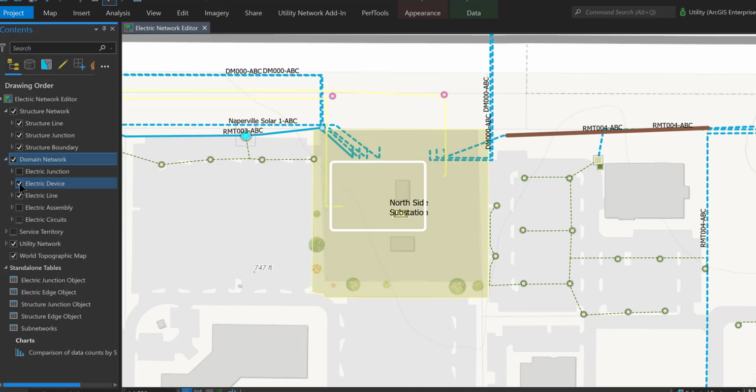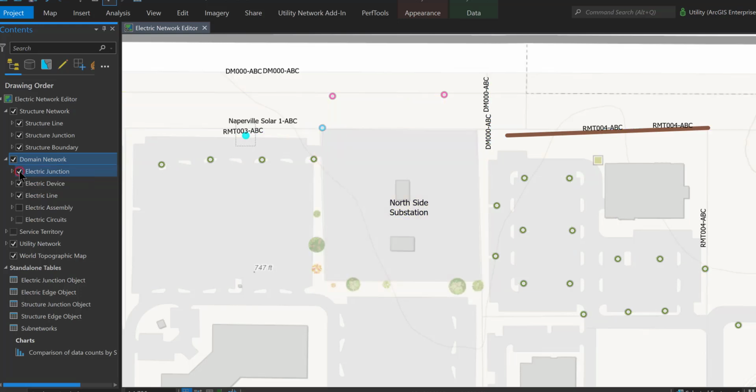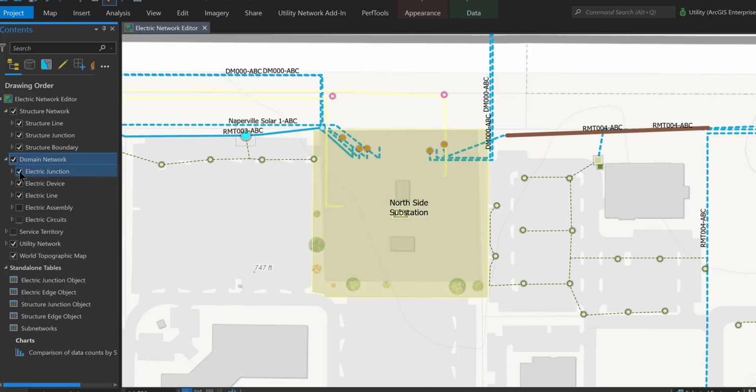And we also have junctions that are placed where the features are connected. And then we have electric assemblies to represent a collection of lines, junctions, and devices, like a switch bank or a transformer bank. And finally, we have the subnetwork lines, or in this case, electric circuits that define the extent of the electricity flow. We're going to talk about those in a little bit.